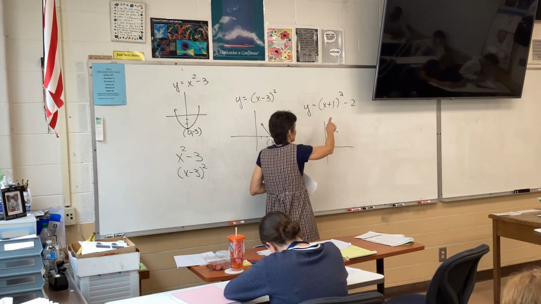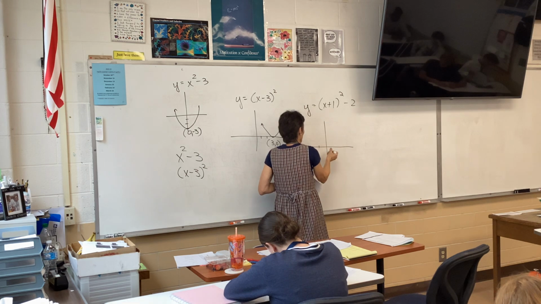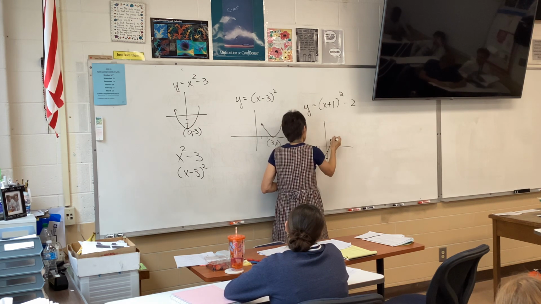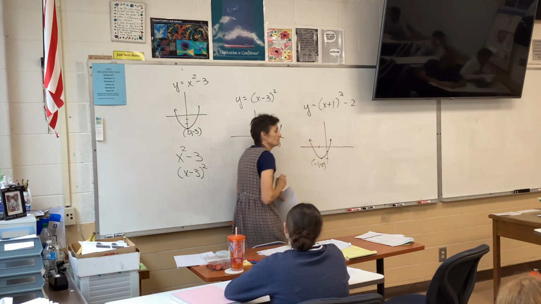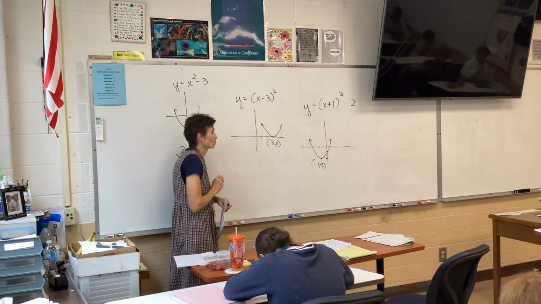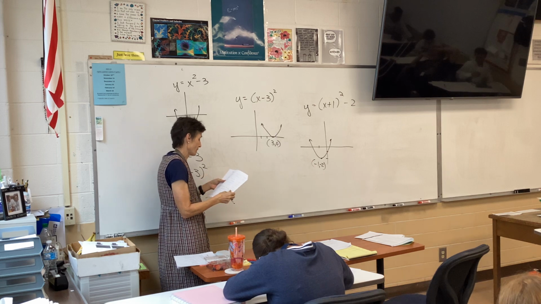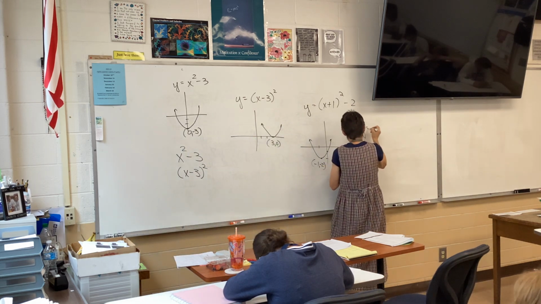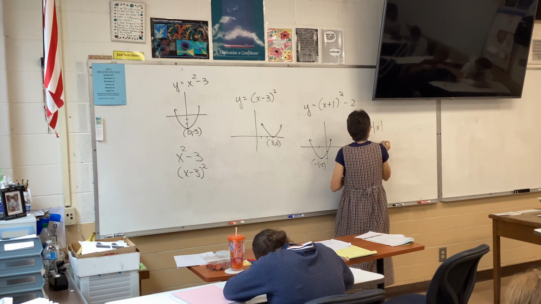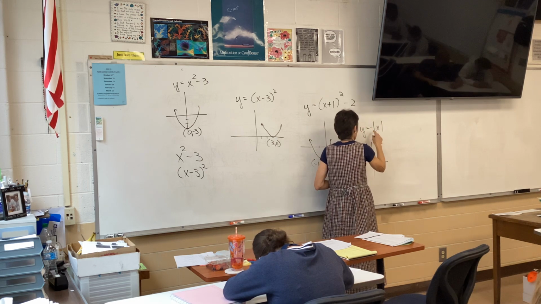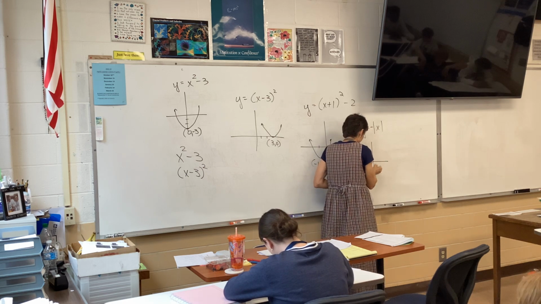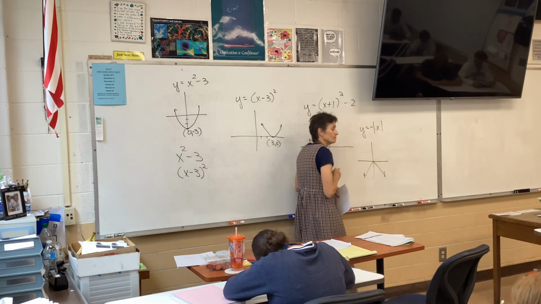Where's this one moved? Left 1 and down 2. This is all review, guys. What about 2a? It is not a parabola. It is a V with a negative in front of it, so it is upside down.